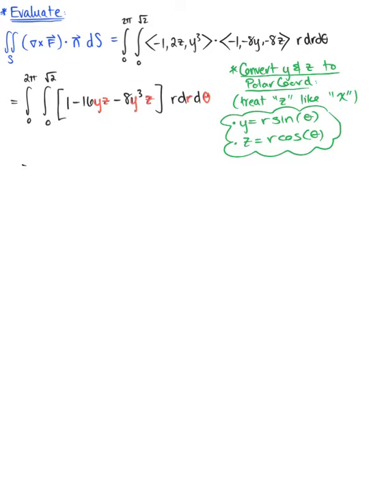So this will become, let's actually give ourselves more room. Here we go. This is the integral from 0 to 2 pi. The inner integral is from 0 to the square root of 2. And this is now of 1 minus 16, so we have r sine of theta times r cos of theta. So it'll be 16 r squared sine of theta cosine of theta.